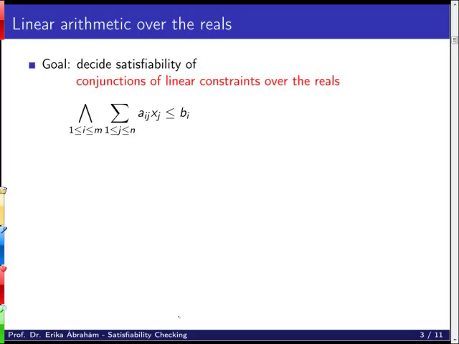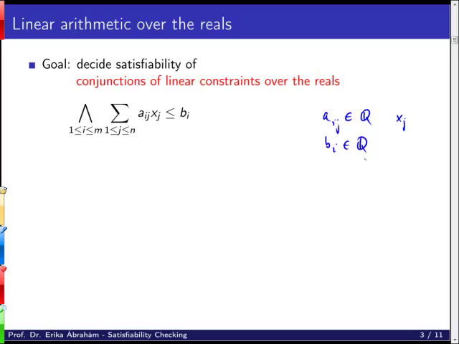And let's ask what are Aij. They are rationals. And Xj are variables from the reals, and Bi are also rationals. So Aij and Bi are constants, and Xj are real valued variables.